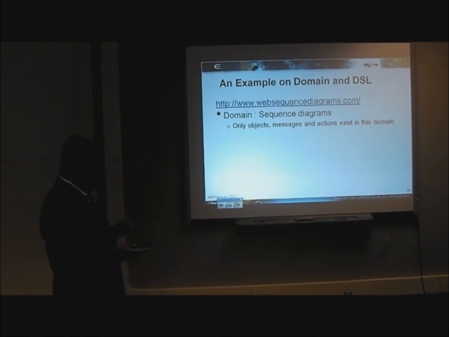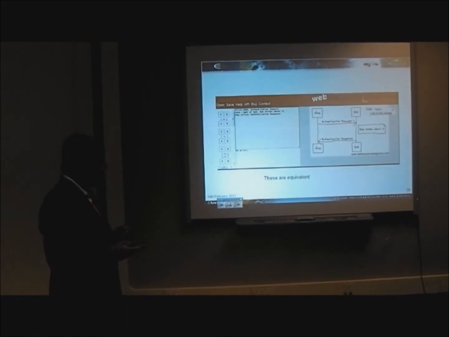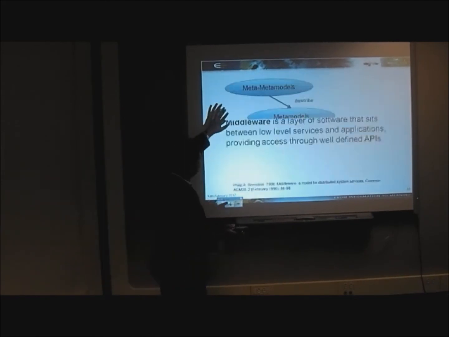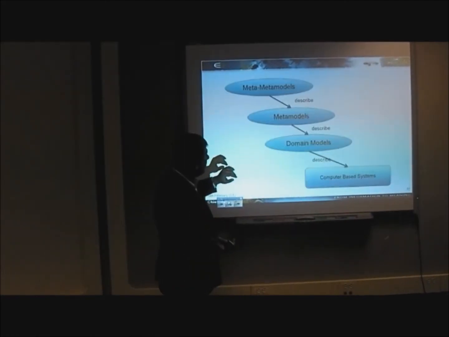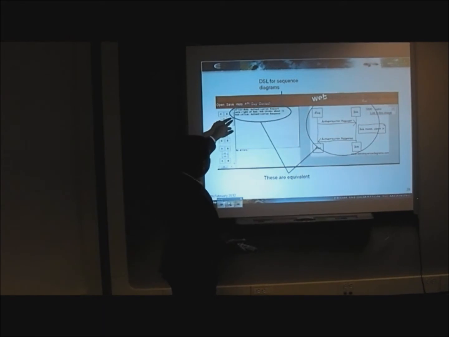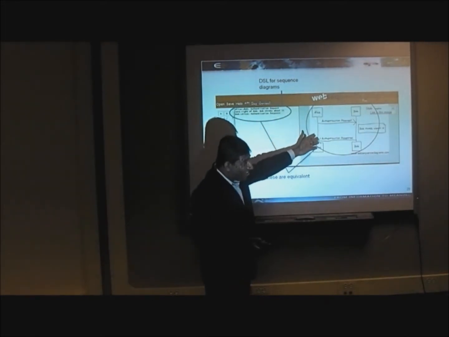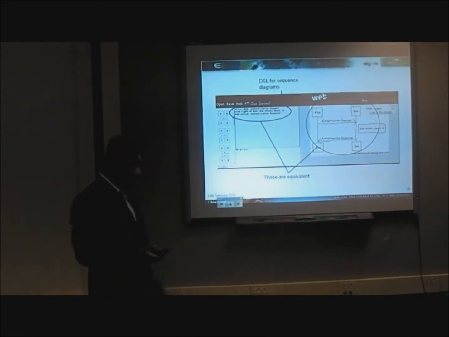If you actually go to this website, you will see this nice little web interface. This is basically the domain and its DSL. What you see here is the DSL, and what you see here is the graphical representation of that DSL.